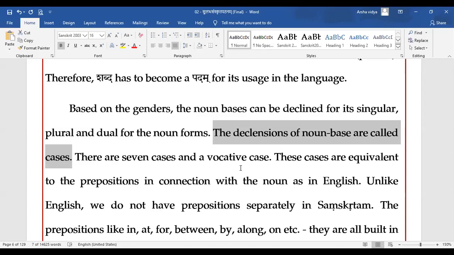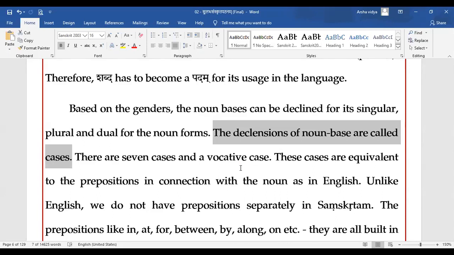Or if it is done for Rama, we have a Namapadam. If it is done from Rama, for that we have a Namapadam. If it is of Rama, we have a Namapadam. If it is in Rama, we have a Namapadam. I'm giving some prepositions, okay? So, all the Namapadams with built-in prepositions are derived from the common noun base.